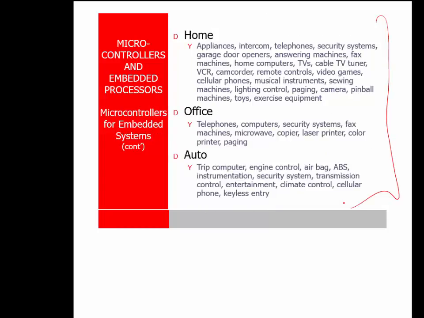This has a tiny 8-bit microcontroller in it. It might be a PIC, it might be an 8051, I don't know what's in here. It sends an RF signal to my little device here that has another microcontroller in it that tells the USB to advance my slides. My car has a trip computer, engine control, airbag, instrumentation, security system, transmission control, cellular phone, keyless entry. All these things are in there.